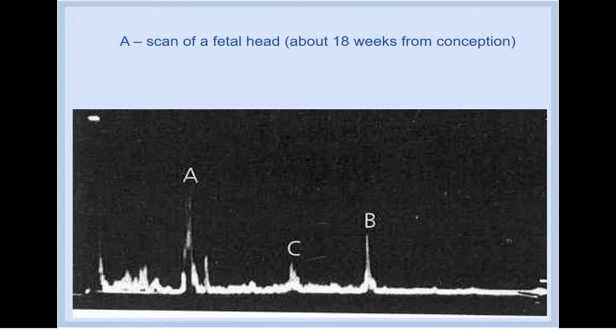Such A-scan measurements have been widely used in routine screening of pregnant women. You can see this is just the A-scan of a fetal head about 18 weeks from conception.